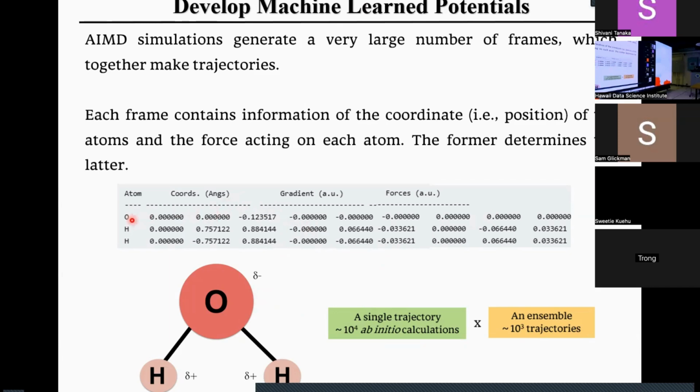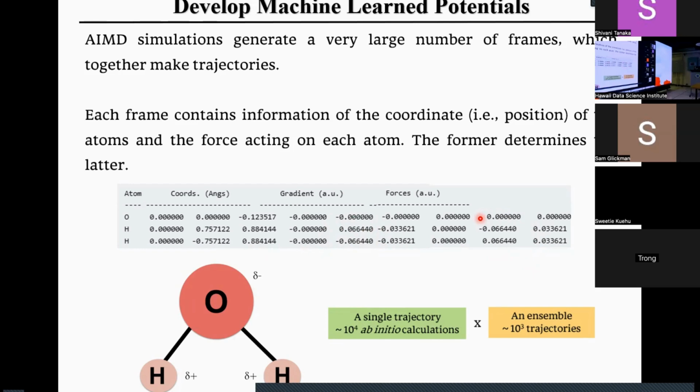You have atoms, oxygen, hydrogen, and hydrogen, and these three columns tell you the coordinates, where these atoms are. And this tells you the gradient, like I told you before, that corresponds to a force. And actually the force is printed out here. So this is the information that we have access to after you run some amount of AIMD simulations.